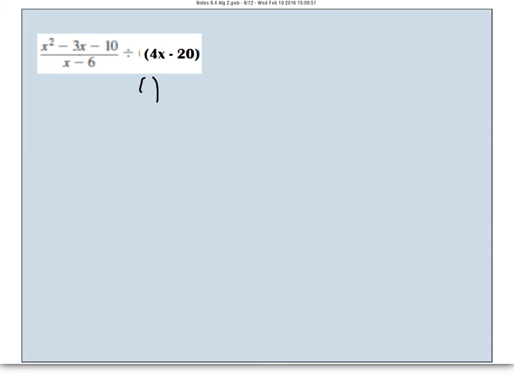Again, it doesn't matter which one I write first. I notice when I do this, there's a natural group that gets crossed off, x minus 5. Write what's left over, x plus 2 on the top. Then I'm going to put the 4 first. Normally you put coefficients or just single numbers there. And then x minus 6. Nothing else crosses, I circle, that's my final answer.